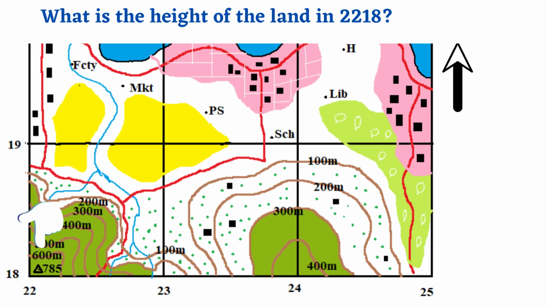This question is not only testing your ability to identify the feature, but it is also testing your ability to locate features using grid reference. So for this question, the height of the land is 785 meters.